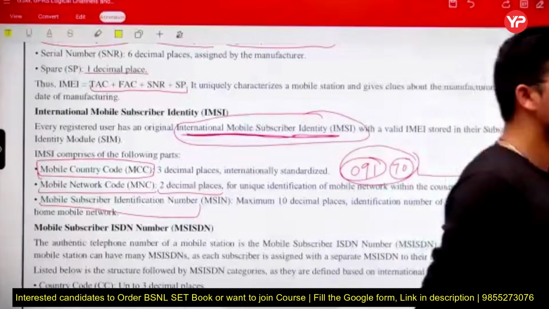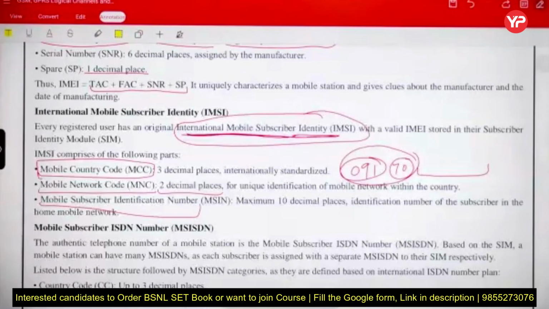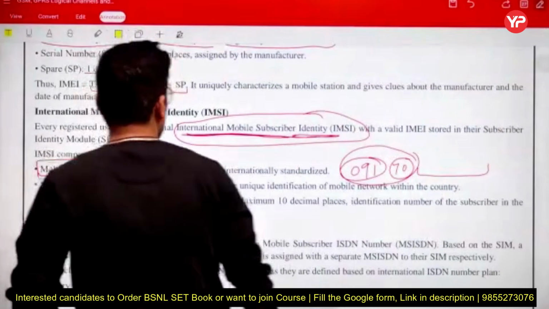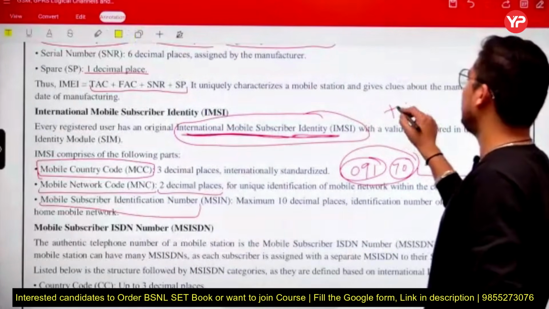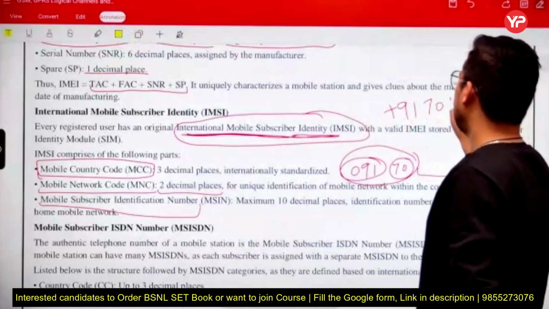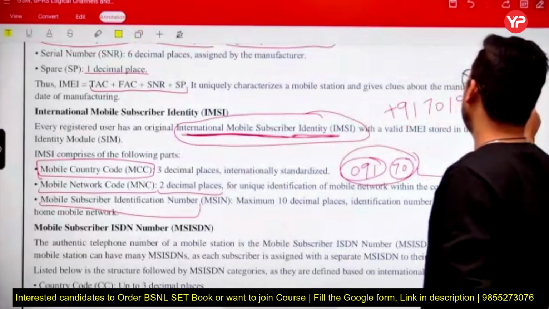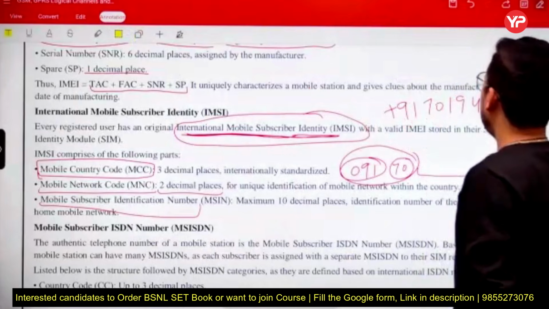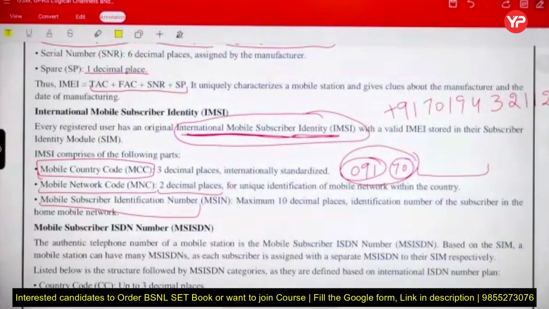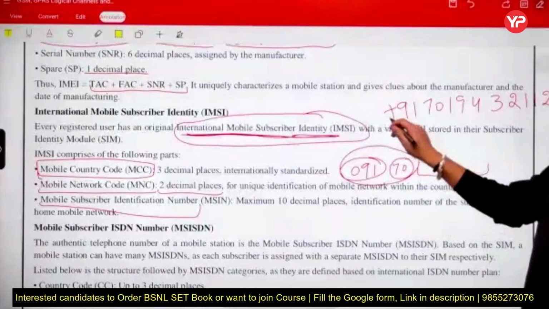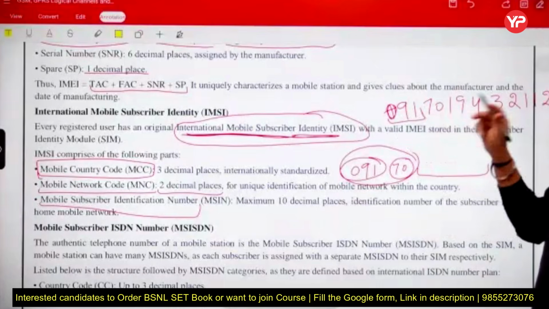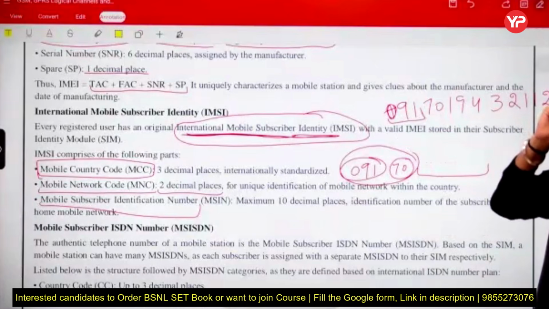This is how internationally we can check that this is a different user. Let us check an international mobile number, for example +9170194321. I'm just taking an example, it's not mine. In this one, the 091 represents your mobile country code.